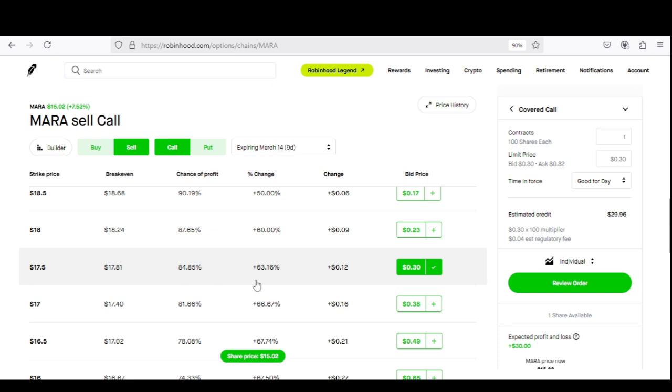Now, in addition to our $30 premium we receive, remember, that's ours to keep no matter what, you're going to be receiving what's known as stock appreciation. Your stock appreciation in this case is going to be 17.5 minus $14. Remember, the first part of the option strategy, we were assigned at $14.